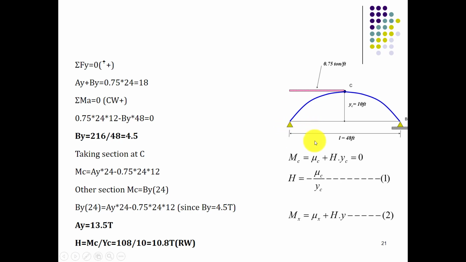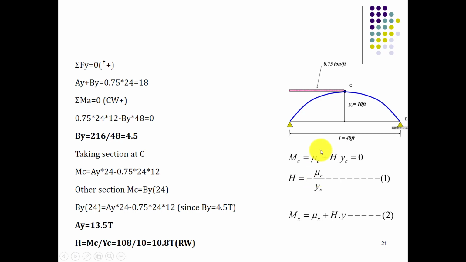So for simplicity, we can calculate it by this equation, which is H equals negative of moment at point C divided by Yc. Negative value indicates that the force is in the opposite direction.